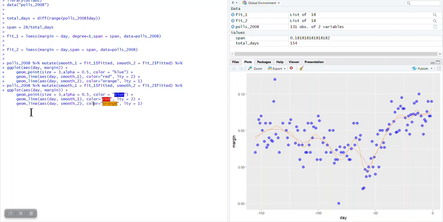What I'm going to do is in the geom_line where I have color red and then the line type equals 2, so that's the dashed, I'm going to put size equals, let's make it 2. And then I'm going to do the same thing for my orange line, and I'm going to make it size equals 2.